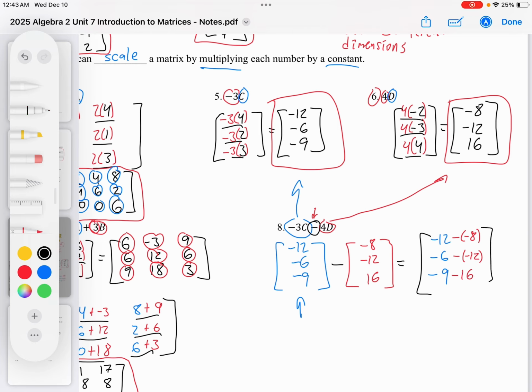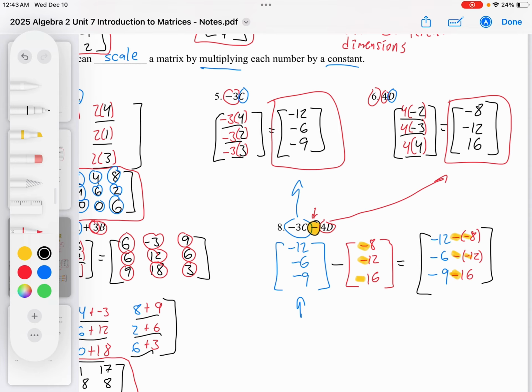Again, as with a lot of things in math, keeping track of the negatives is going to be the hardest part. Because this is -3c minus 4d, we have to have a minus sign on all of these. But then this was a -8 and a -12, and so we get minus -8 and minus -12. But since this was a positive 16, it's just minus 16.